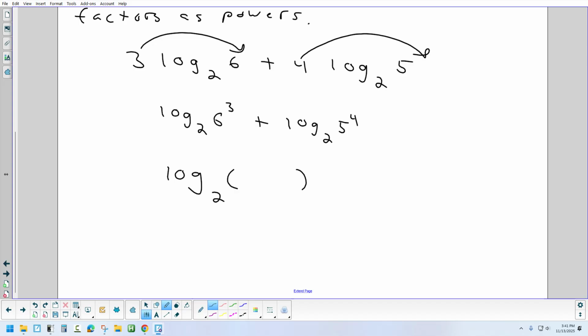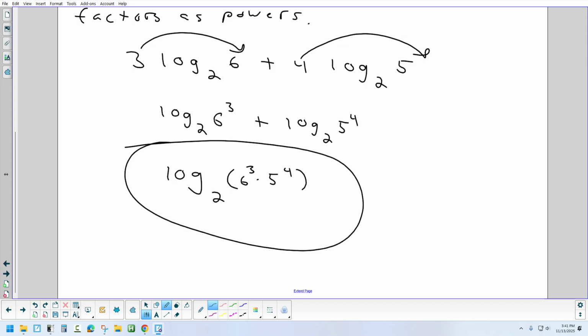So it's 6 cubed times 5 to the 4th. And if they asked us to do it out, we could do that out. It's not horribly huge, but a little bigger than I can do in my head. So any questions on how to take those logs and recombine them?